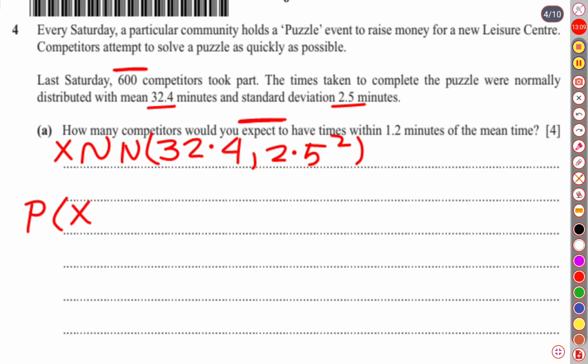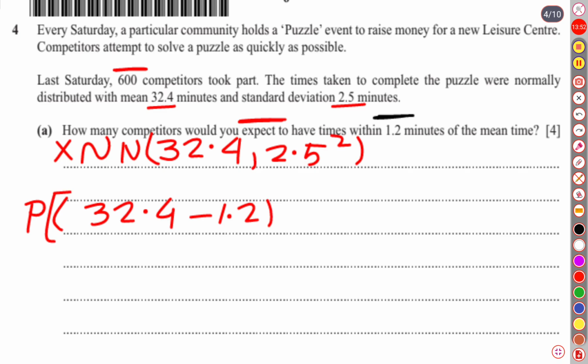Yes, there is a twist over here. Actually 1.2 minutes of the mean time means it may be less by 1.2 from 32.4, that means mean minus 1.2, or mean plus 1.2. So it is actually a range, and we will have to write it in this way. They have told 1.2 minutes of the mean time, so 32.4 minus 1.2 minutes is the lower value.